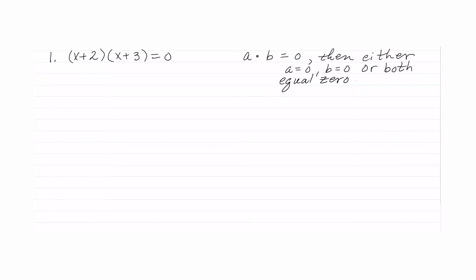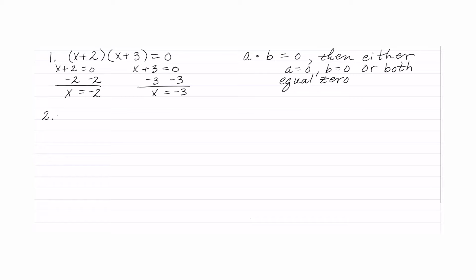Okay, so this is already factored for us, so we can take each of our factors now and set those equal to 0. And getting x all by itself, we see that x either equals negative 2 or x equals negative 3.